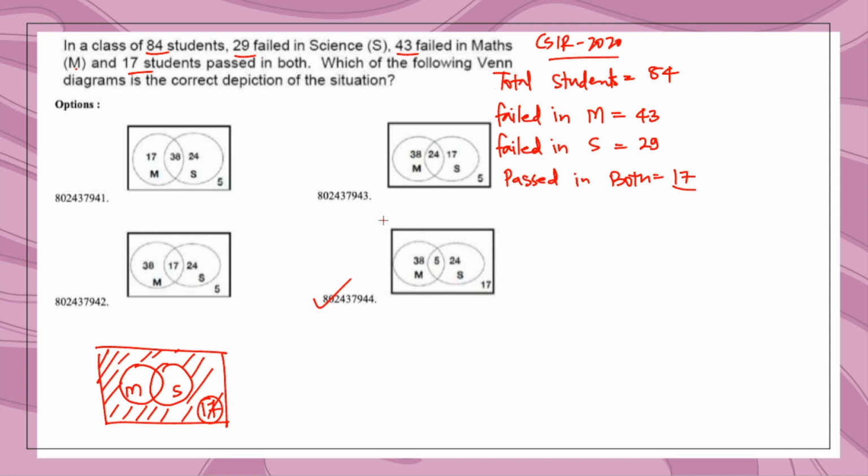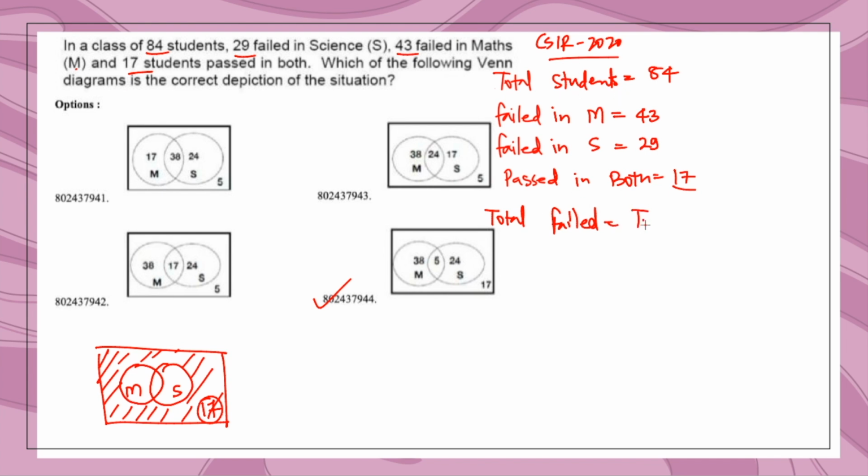But let's justify this, because here we are not only solving the question. I have told you how to solve it, but the next thing is to understand why this is correct. So these are those who have passed in both subjects. If I want to find out the total failed students, how will I find it?